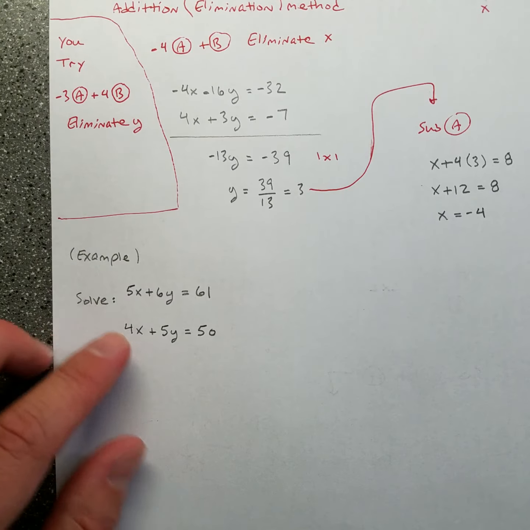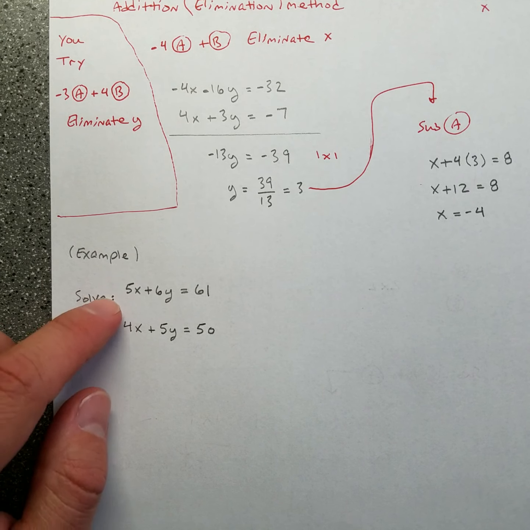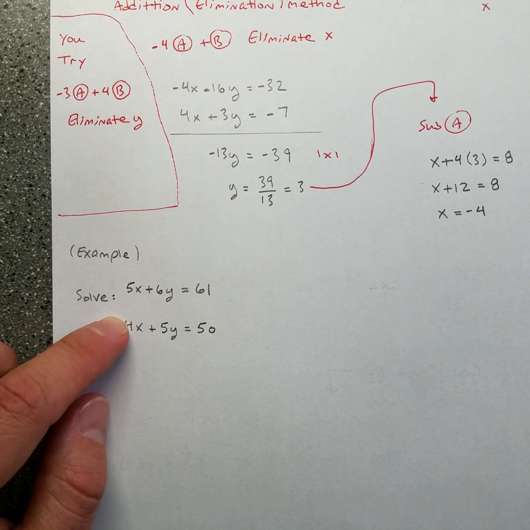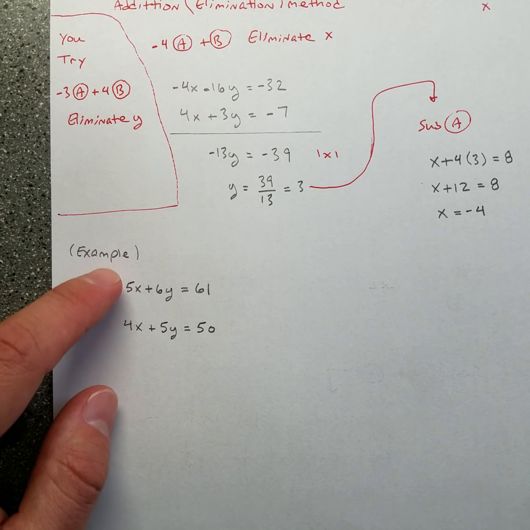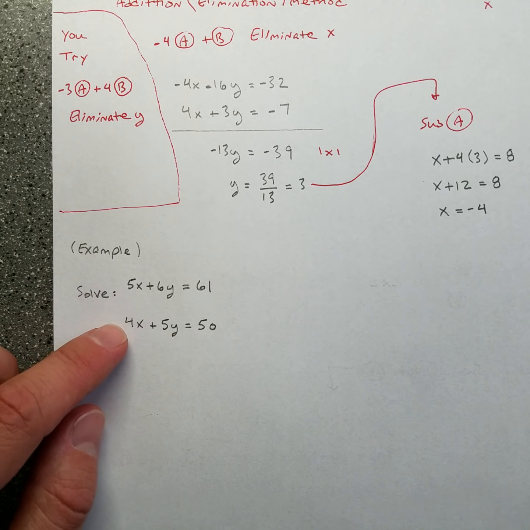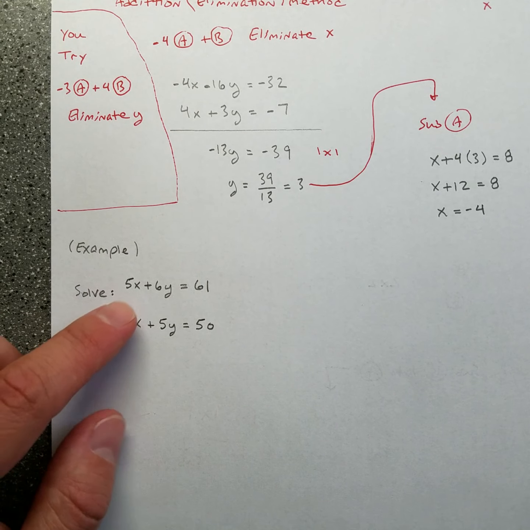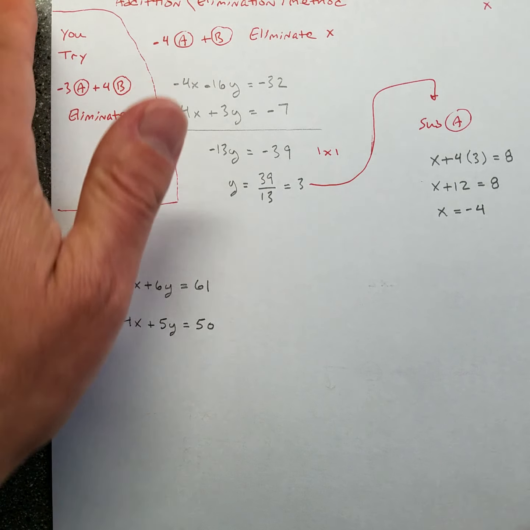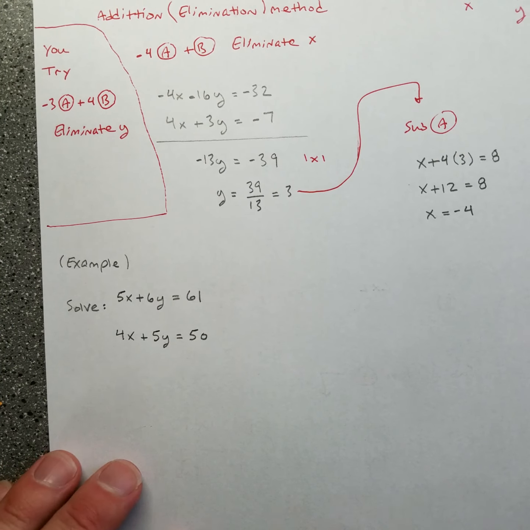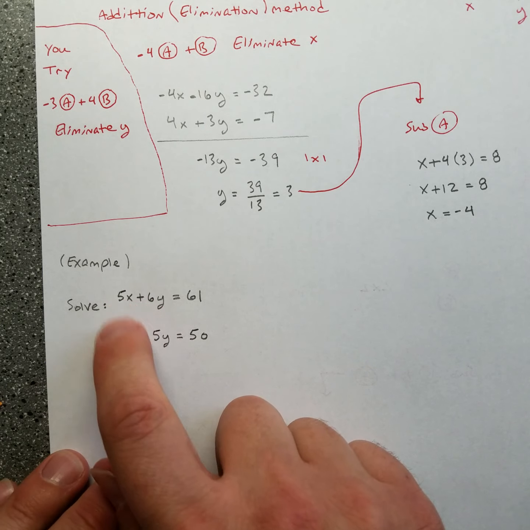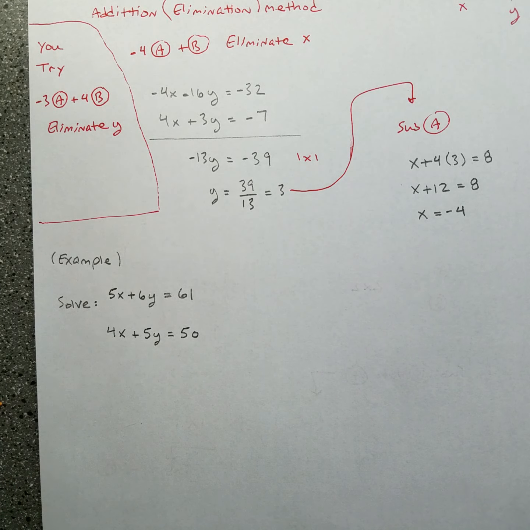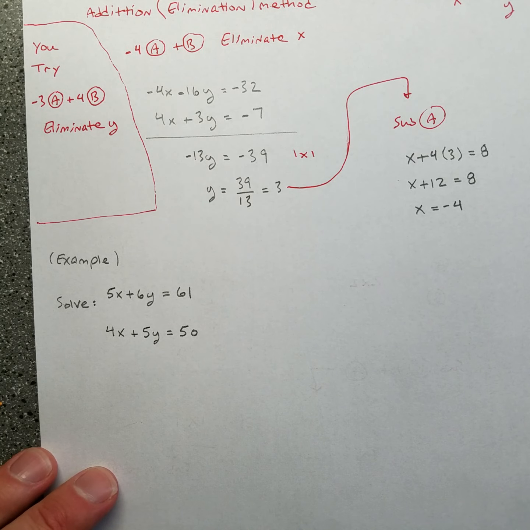But when you have a 5 and a 4, I can't really turn those into each other. I don't multiply 5 by something and then it becomes 4 very easily, or a 6 into a 5 and so on. So we'll multiply these in a way that we achieve their lowest common multiple, to be technical about it. All right. So here goes.